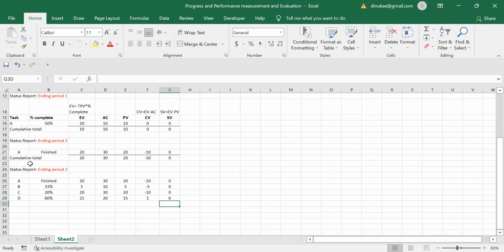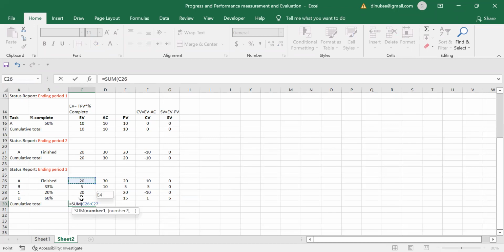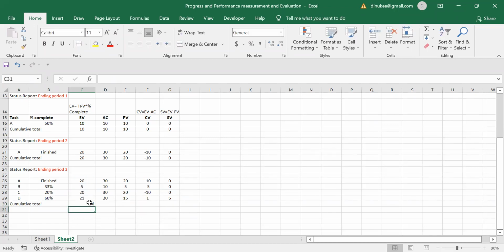And then you have to take the cumulative total here, right? To get the cumulative total, you take the summation of all these values: 66, 90, 60, and minus 24 and plus 6.